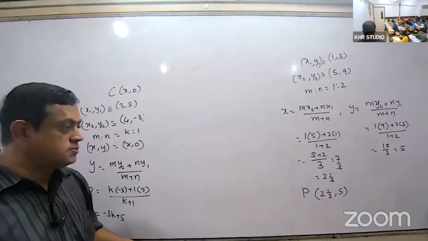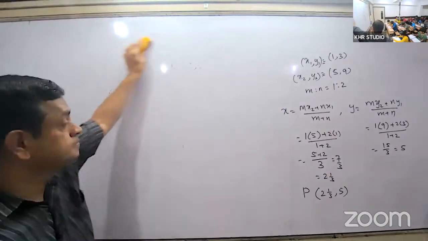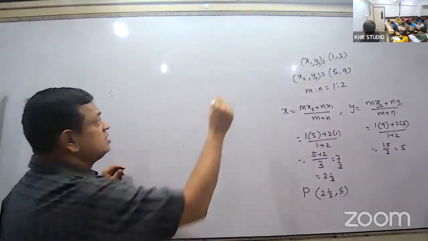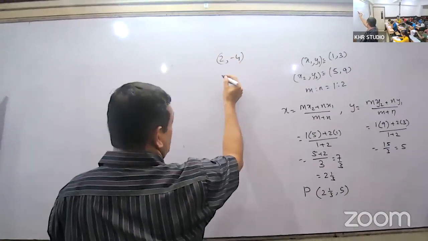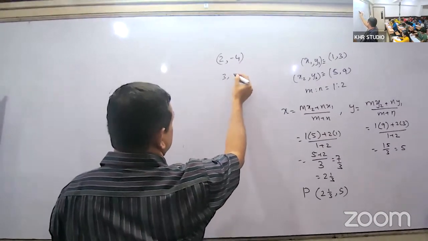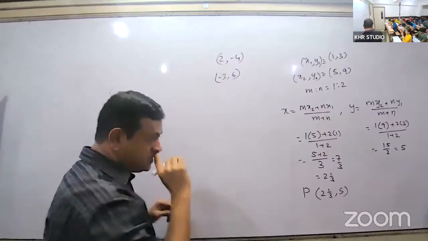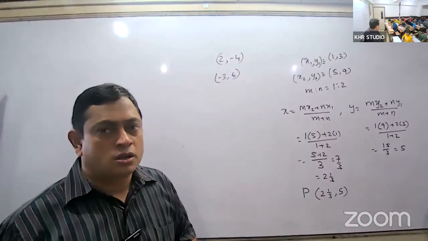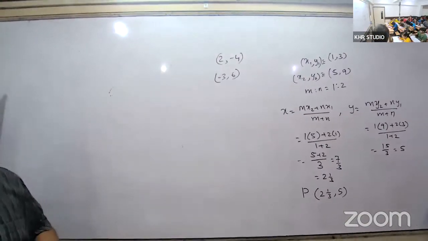Shardul, read the question. In what ratio is the line joining 2 comma minus 4 and 3 comma 6 divided by the y-axis? The second point is what? Minus 3 comma 6, divided by the y-axis. So the point on the y-axis is 0 comma y.